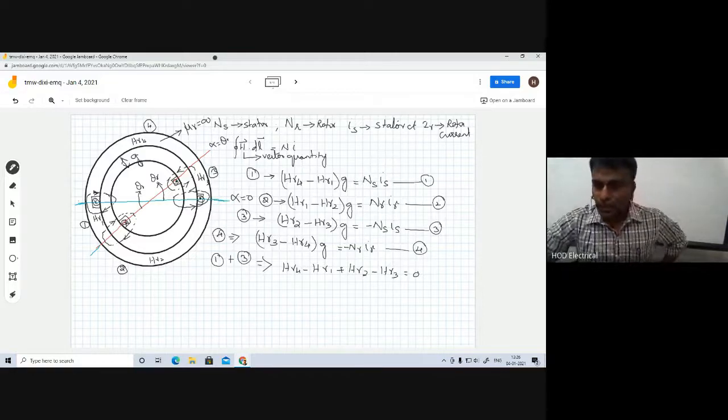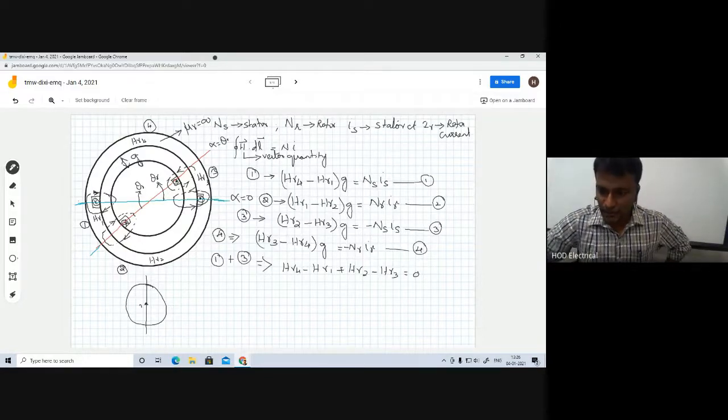Now assume we cut this rotor and the stator, if we cut this portion like this, and this is our radius. The radius of the rotor is R. So if we cut like this, you can get the length of this core as L. The length of the core is L. So how will it look?